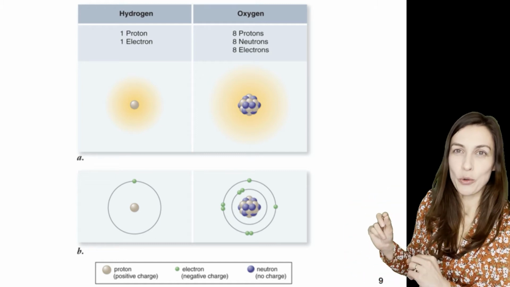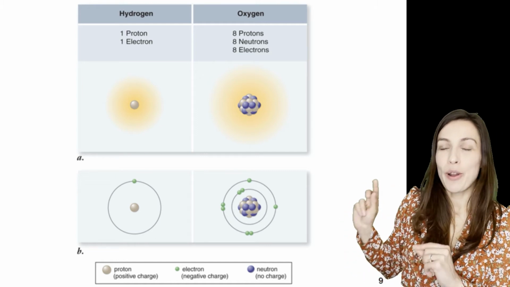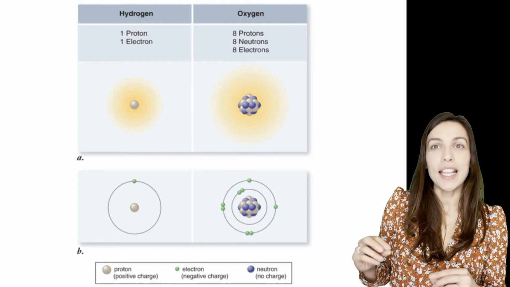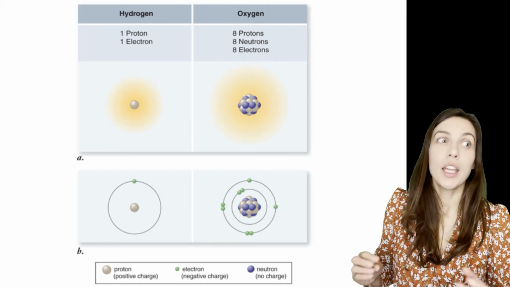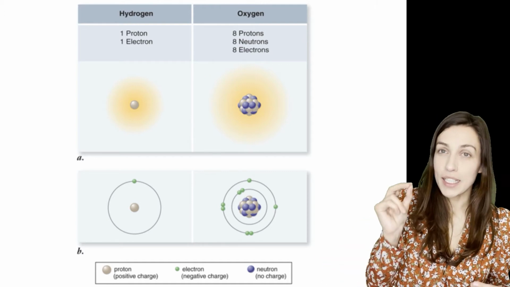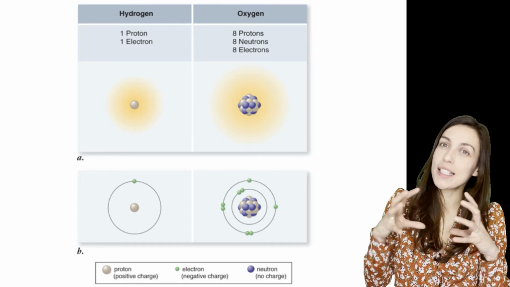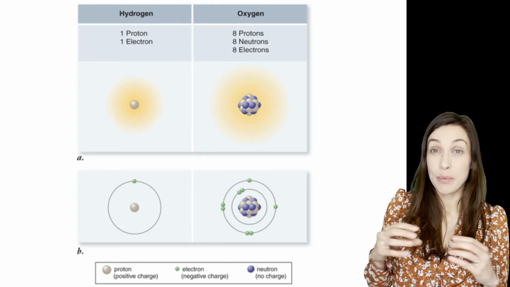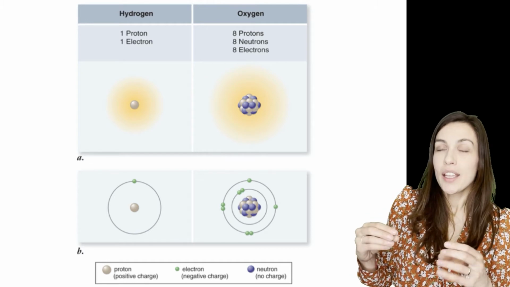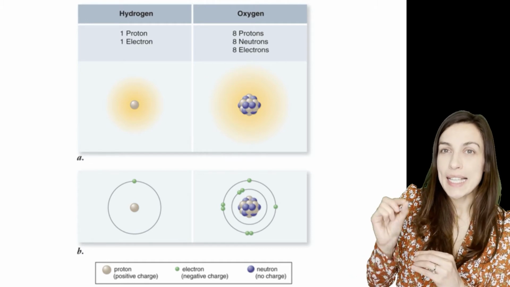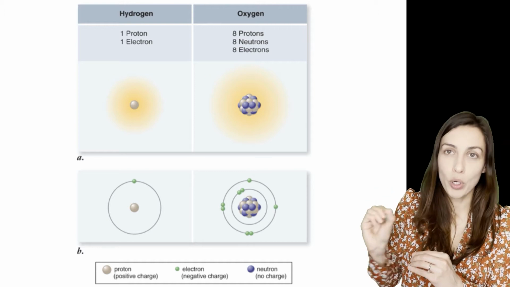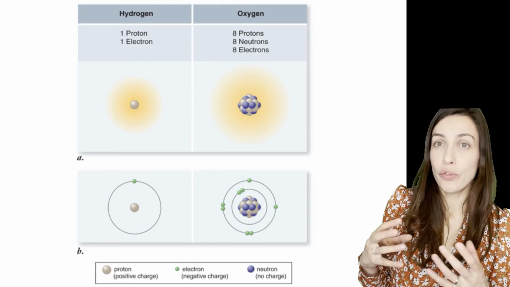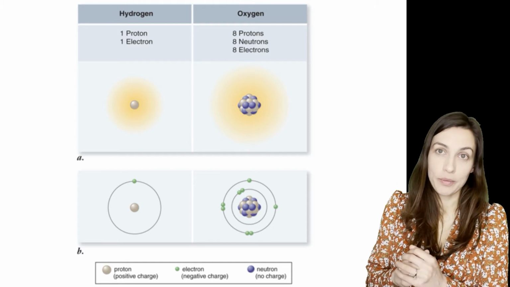The second reason why both diagram A and B are not accurate is because they're both extremely not to scale. The nucleus is so tiny that if we were to scale an average atom to be the same size as planet Earth, then the nucleus, so the center part that has the protons and the neutrons, would be the size of a standard football field somewhere on Earth.